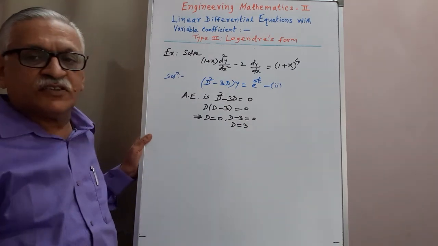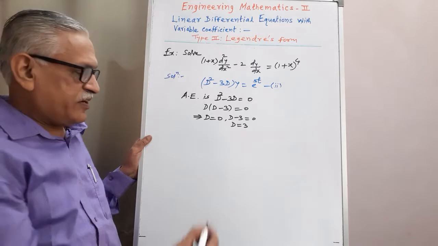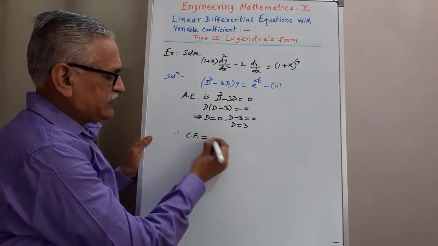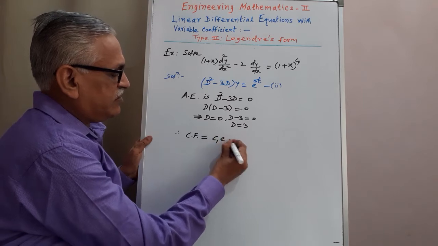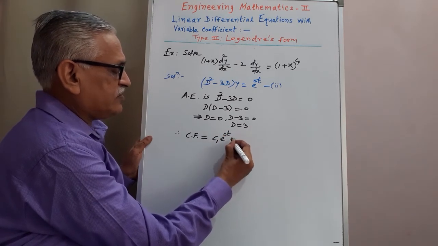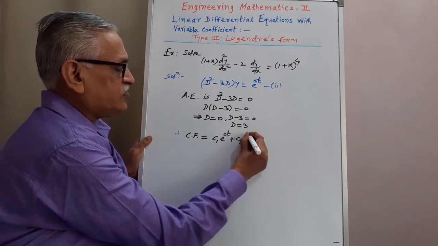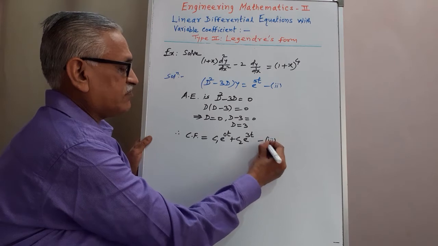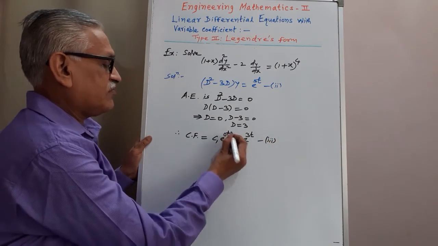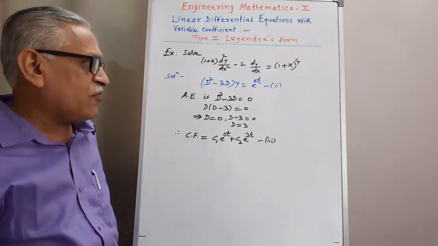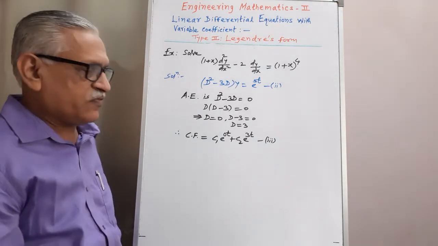Therefore, the roots are 0 and 3, real and different, and therefore the complementary function is c1 e^(0t) + c2 e^(3t), equation number 3. This is the CF for the linear differential equation.